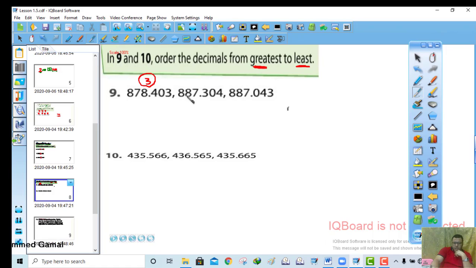Okay, now the comparison between 887 and 304 thousandths and 887 and 43 thousandths. Here 3 digits and here 3 digits, from the same family, the thousandths family. So now we ask ourselves: 304 or 43, which one is greatest? The greatest one is 304, of course.